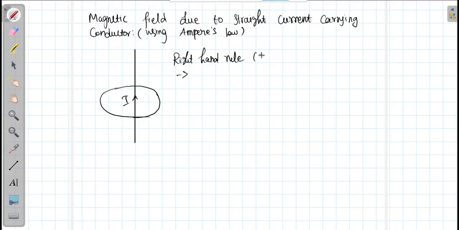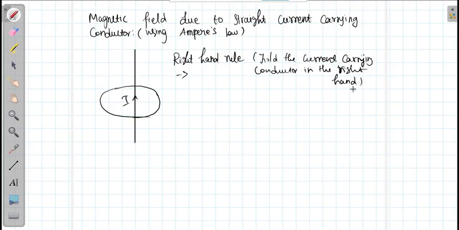If you hold the current carrying conductor in the right hand in this manner, the thumb represents the direction of current.